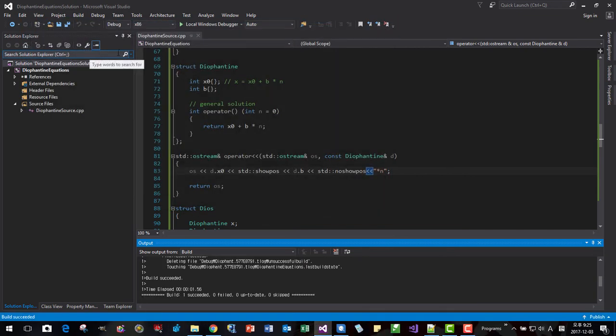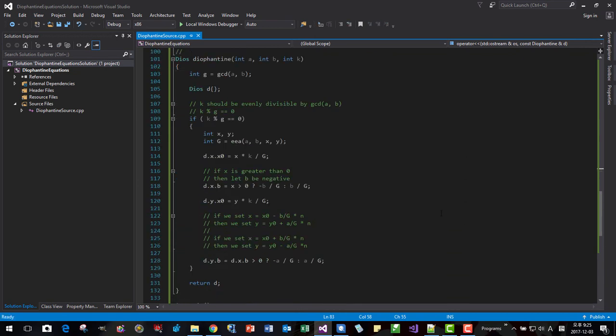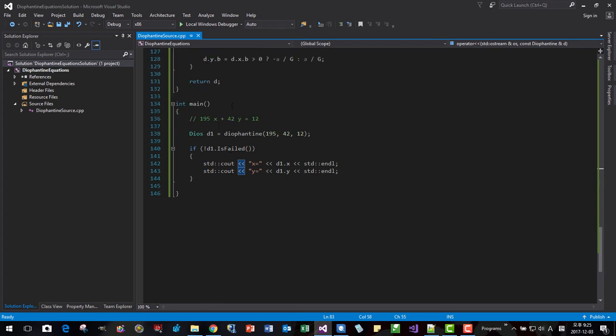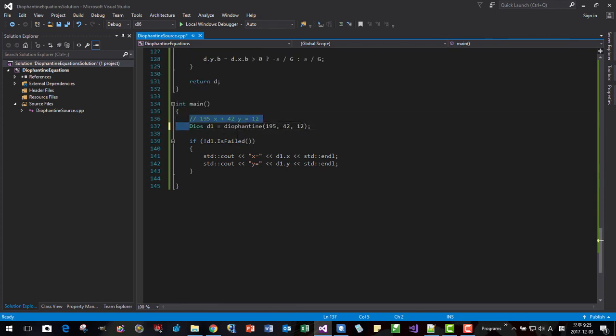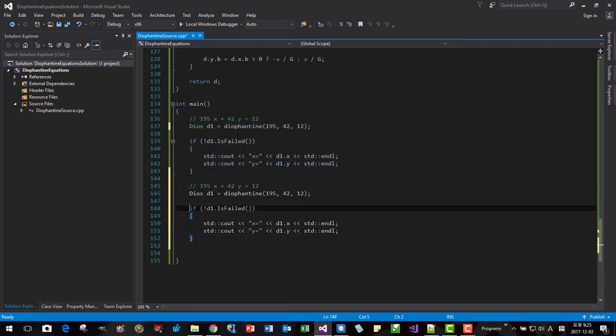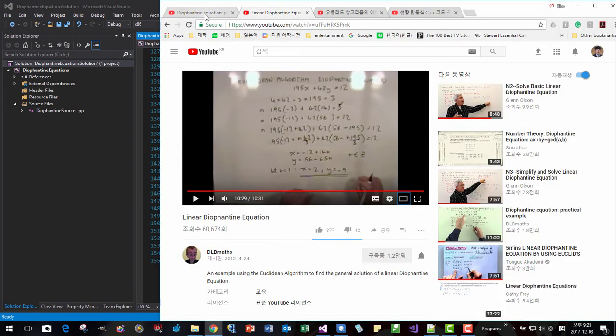Okay. Now we will try another one. I will copy it. We will try another one. I will say 2, 2, 2, and not this example.